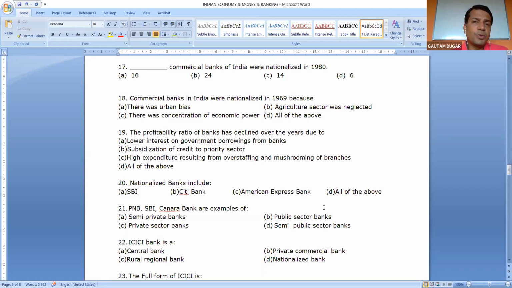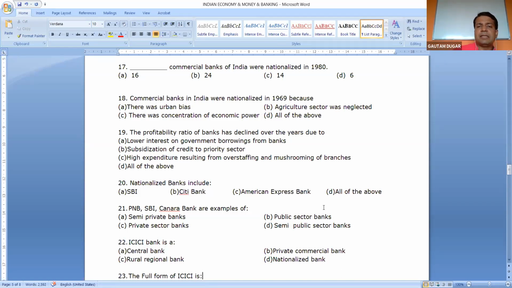To avoid these problems, government tried a lot. Government asked the commercial banks to open up their branches in the semi-urban and the rural areas, but they did not follow the instructions. Therefore, lastly in 1969, government took over the entire banking system, nationalized all the commercial banks, 14 to be more specific.